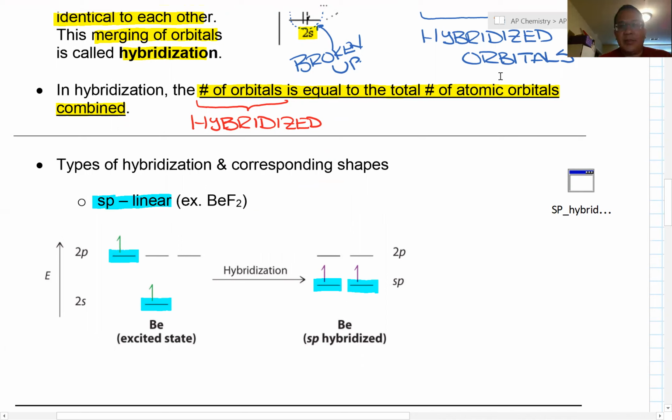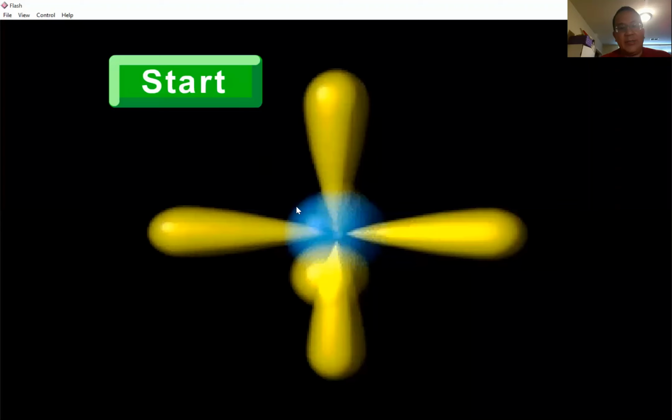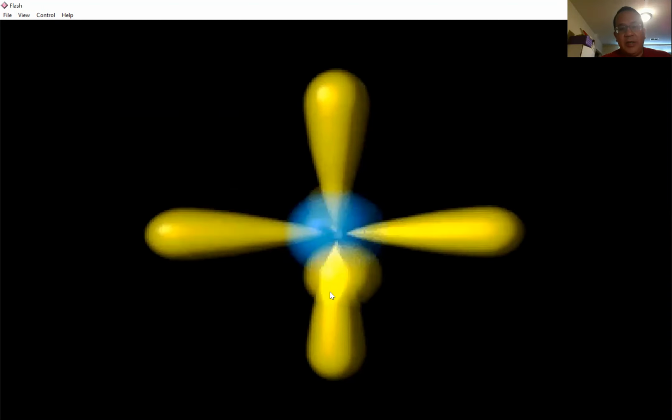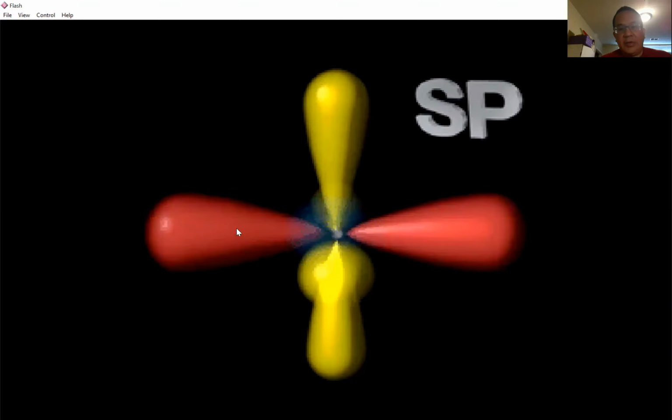Okay, I'm going to stop sharing, and I'm going to share my screen. So what you can do is here, the blue is the S, the P is in the yellow. When they talk about hybridization, notice it turns to red.